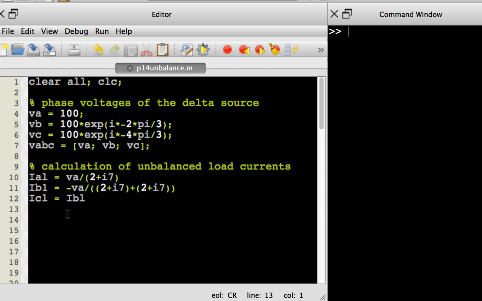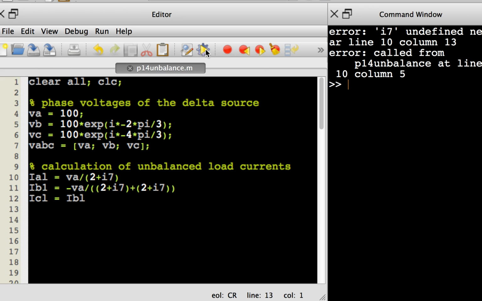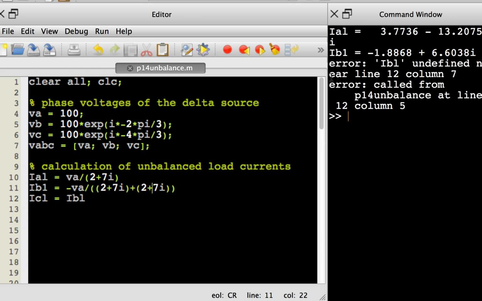So let's see what they are. So if I run this, I think I should do 7 into i, or I think 7i will also work. So this is IBL.